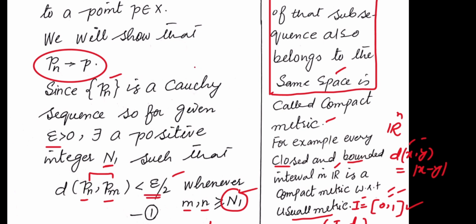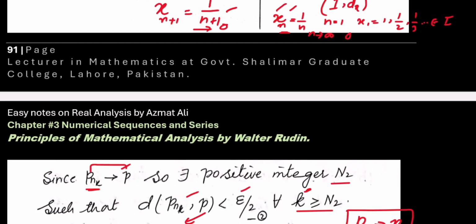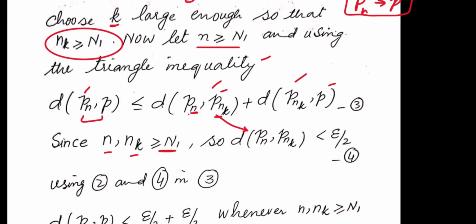So if I take one term Pn and the other P_{n_k}, and both suffixes n and n_k are greater than or equal to n1, it means this definition also holds for these two terms. Say this is 4.